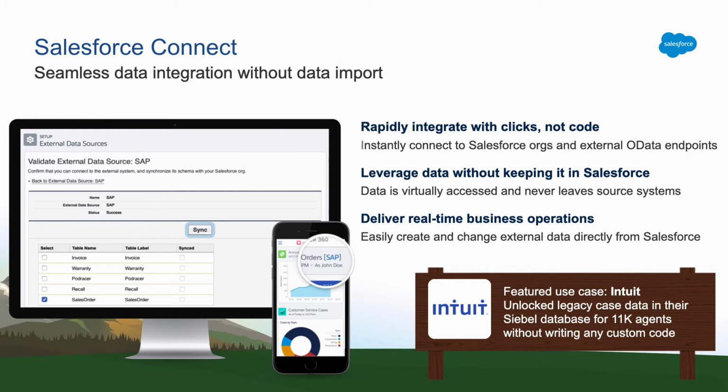We can request the data at time of need, like when you're looking at a record. And when we receive the data, we can make it look like Salesforce data. So we can fit it into things like page layouts, record views, list views, et cetera. So even though the data doesn't live in Salesforce, you can reach out, bring it in, and your end users will interact with it as if it did live in Salesforce.